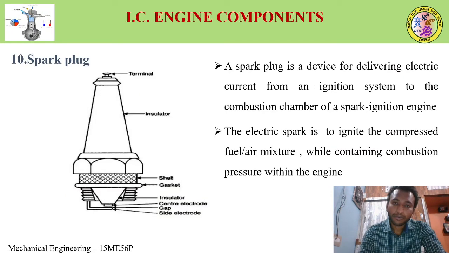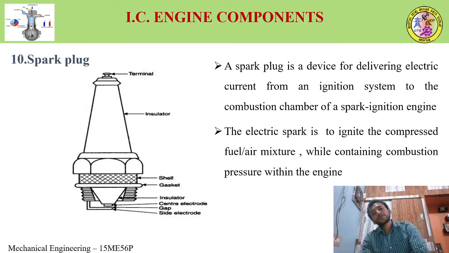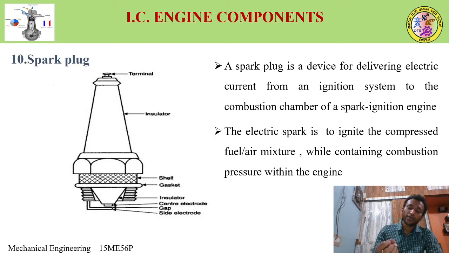Next is the spark plug. A spark plug is a device for delivering electric current from an ignition system to the combustion chamber of a spark ignition engine. So at the end of this compression stroke, the petrol as well as air mixture will be compressed and it is at high temperature and pressure. What do we need there? We need fire. So through the spark plug, we are going to supply this fire to help in combustion.